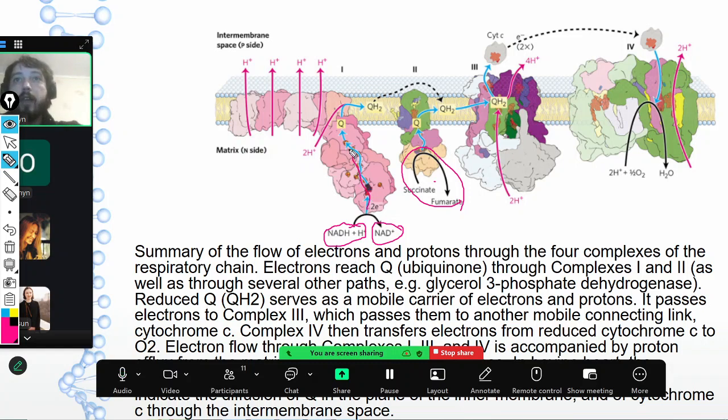Electrons, you see the path of the electron, how it is transported through these complexes, and they are passed from one complex to another until basically they finish up in this complex that transforms two protons and an oxygen into water. So we are generating water. This is the oxygen that we breathe from the air.